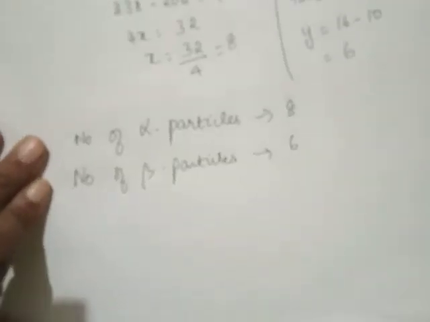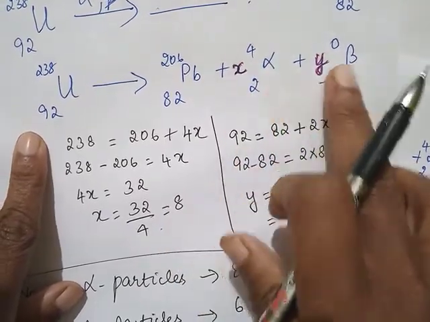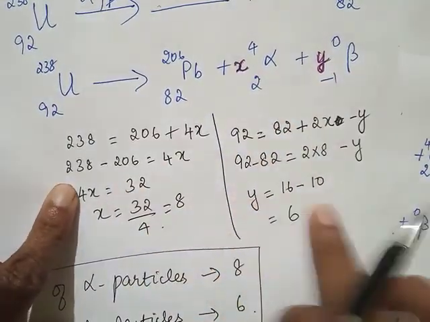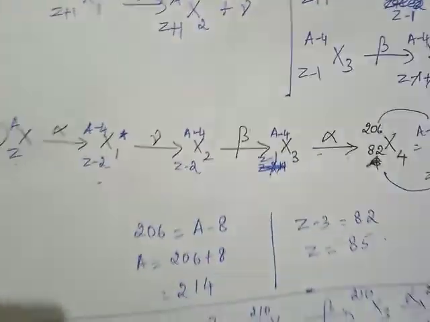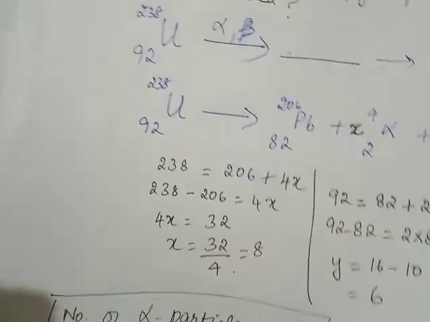Is it clear, children? So this is the answer for this kind of sum. You just write X alpha, Y beta, then form equations and solve it, and you will get the answer. These three are a little complicated ones, so I thought of doing them in this video.